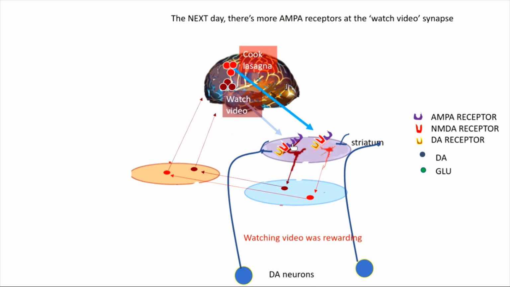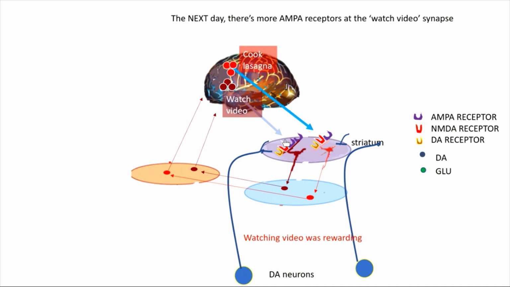In order to lose AMPA receptors, what you need is dopamine to drop lower, and you need to be doing the behavior while the dopamine drops lower. So if I'm watching a video and glutamate's binding to its receptors and dopamine drops real low, that would be a recipe for reducing AMPA.